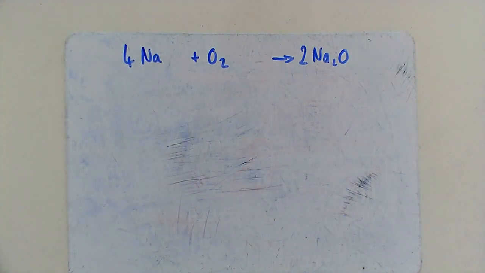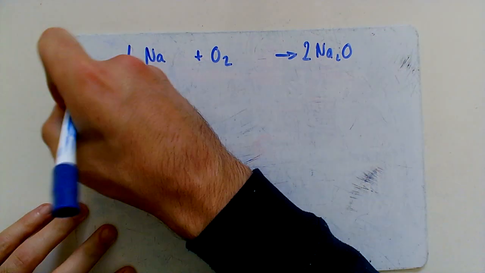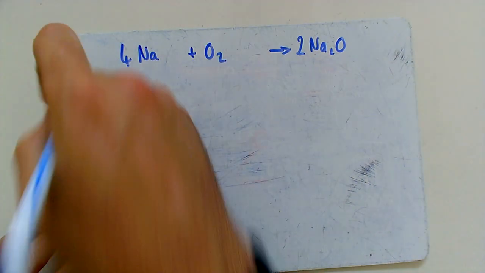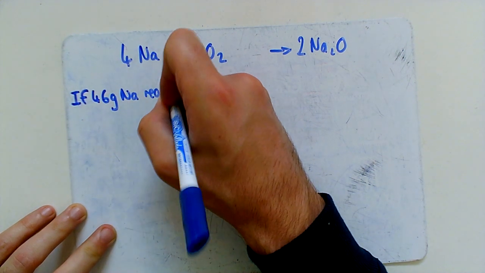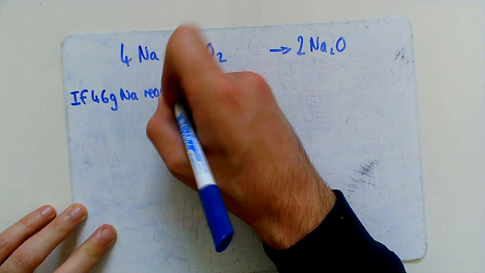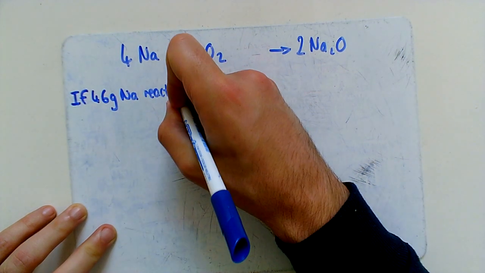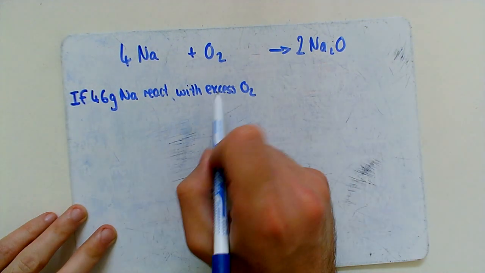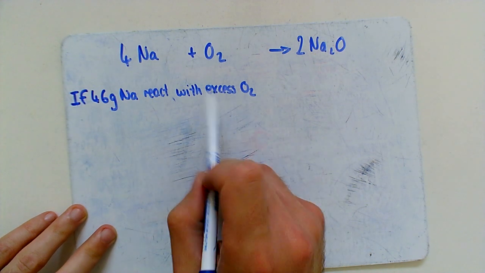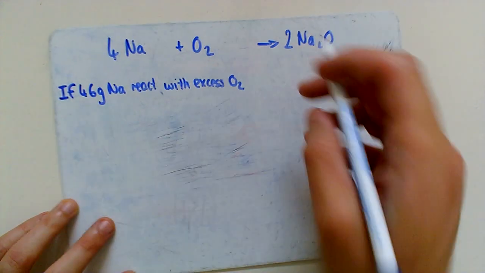So we've got this, and for this one, the question is going to be: if 46 grams of Na react with excess O2, and all that means, if we say excess O2, is that all of the sodium is going to react.